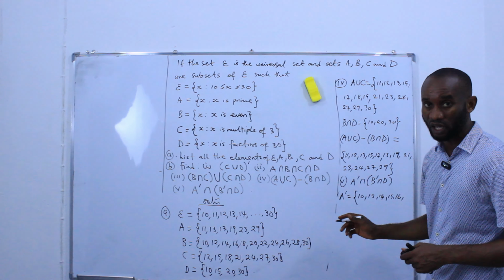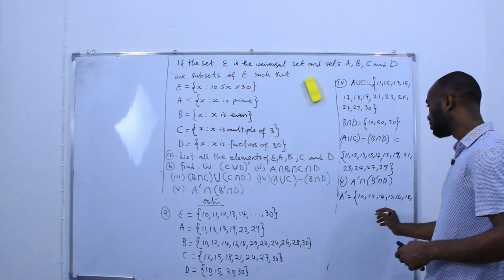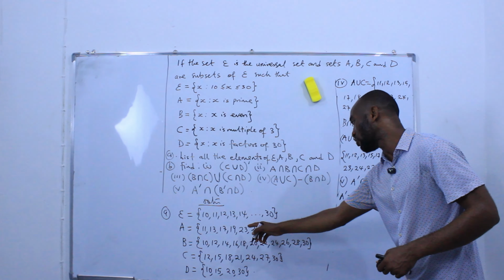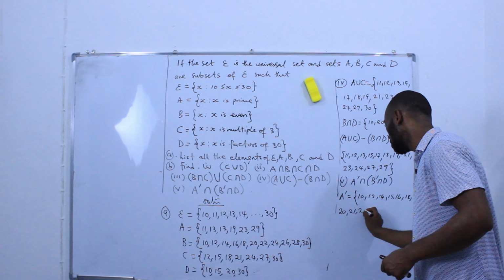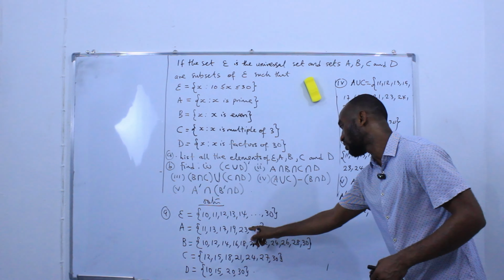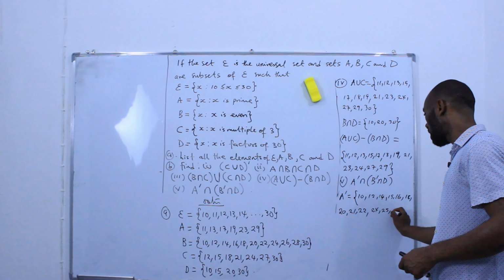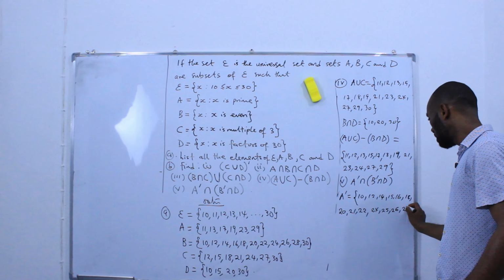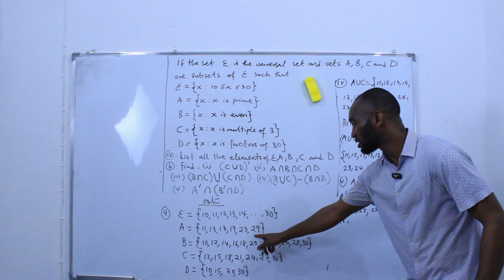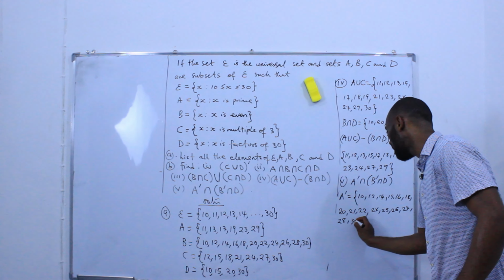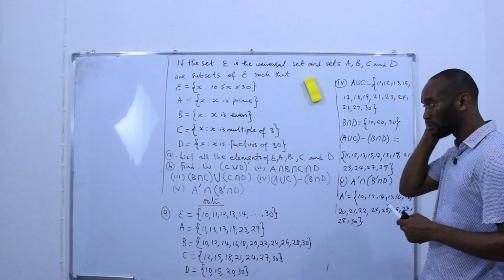Now I have 17, so I won't write it down. But 18 is not there, so I'm going to write it down. I have 19 already, so we are writing 20, 21, 22. Between 23 and 29, we have 24, 25, 26, 27, 28. We have 29 there, so we omit it and write 30. Now, this is what is in A complement.